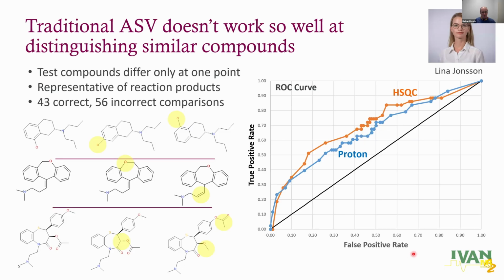Here you're plotting the false positive rate against the true positive rate as a function of the threshold that you've chosen. And where we want to be is up here in this top corner, which is a true positive rate of 100% and a false positive rate of 0. The closer you get to that, the better your system is working.